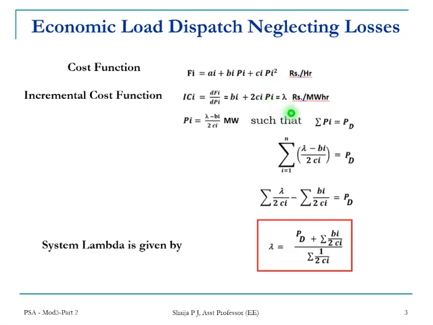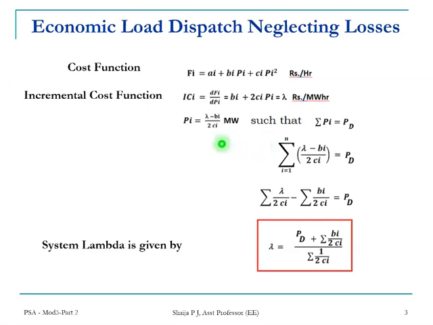So thus we can equate to lambda. Incremental cost function is equal to lambda rupees per megawatt hour, which is given by Bi plus 2 Ci into Pi. So from this equation, we can rearrange it to Pi. Pi is equal to lambda minus Bi divided by 2Ci, such that sigma Pi is equal to Pd, where Pd is the total demand.